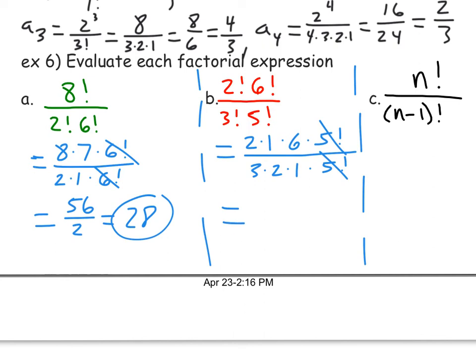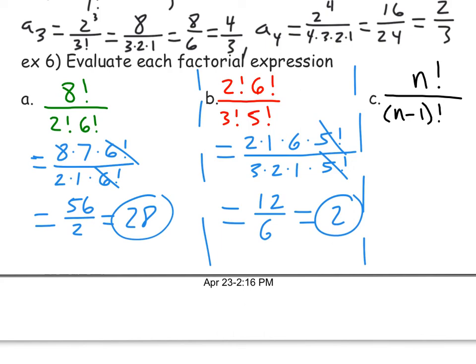And now the numbers I have left are pretty manageable. 2 times 1 times 6 is 12. 3 times 2 times 1 is 6. That whole expression simplifies to 2.